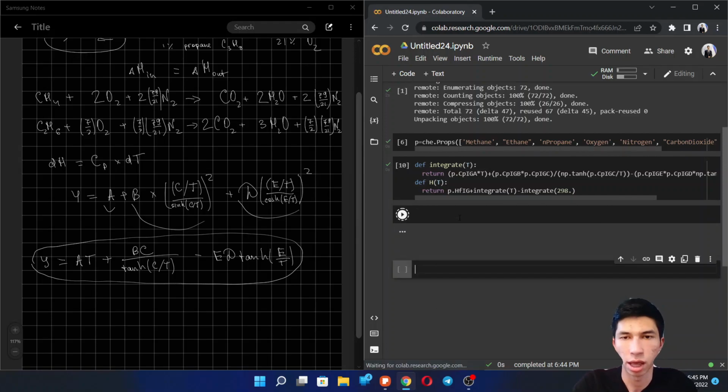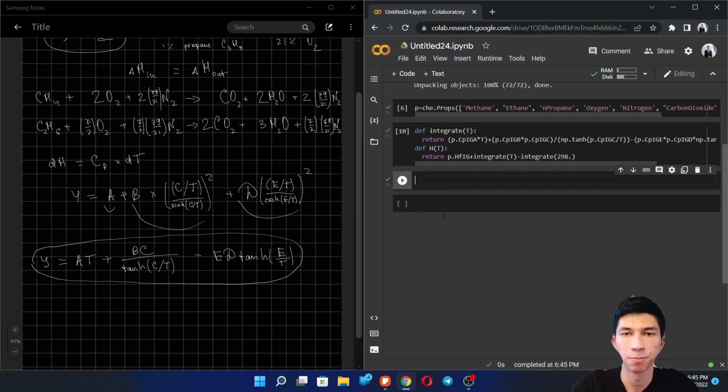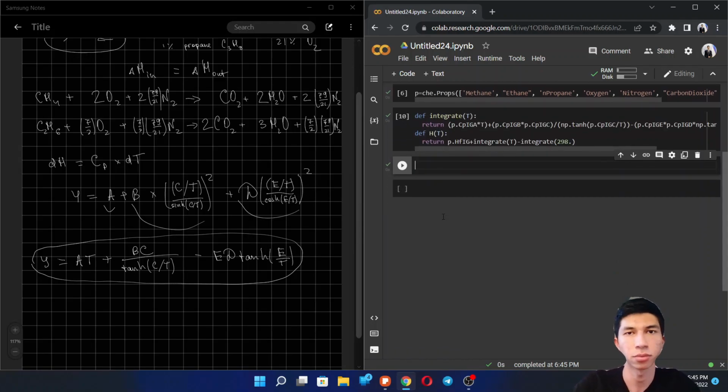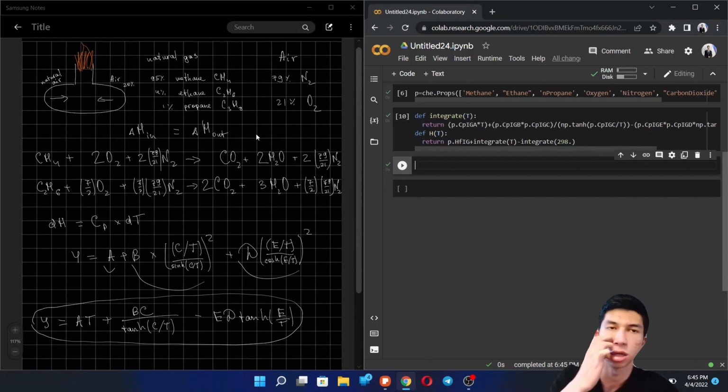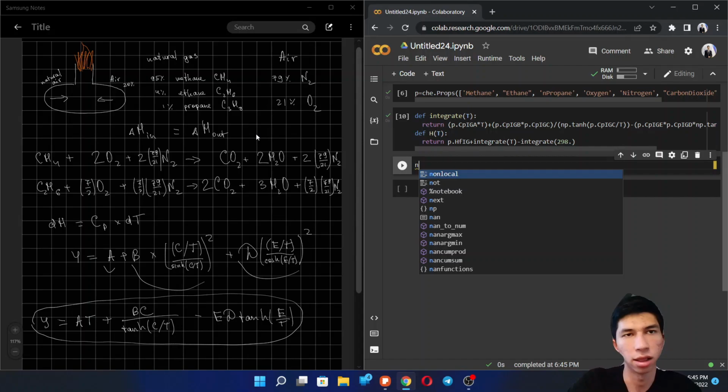Now the next step, we can work with the moles and the mole ratios, so that we can find the enthalpy for a specific mole. Let's have an array for our compounds that are burning.